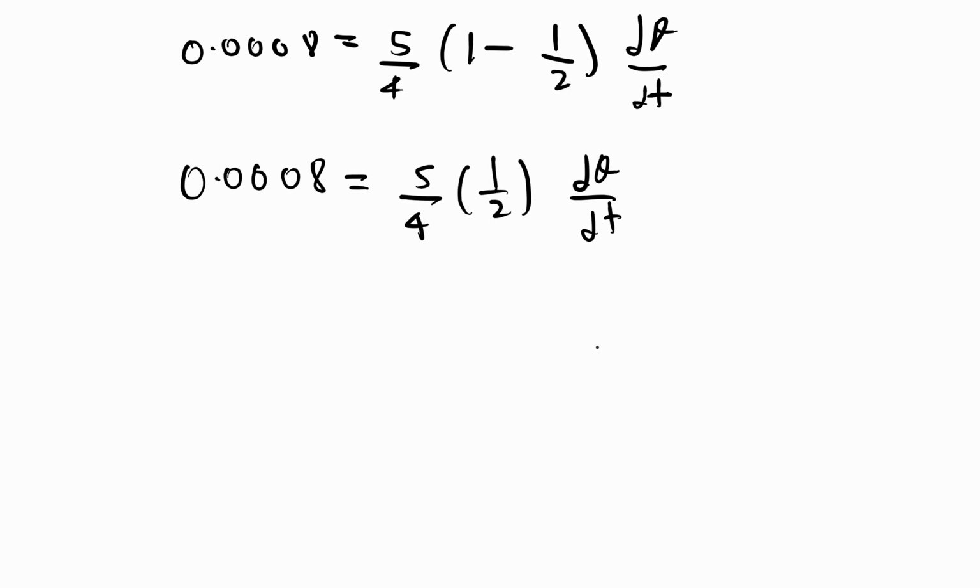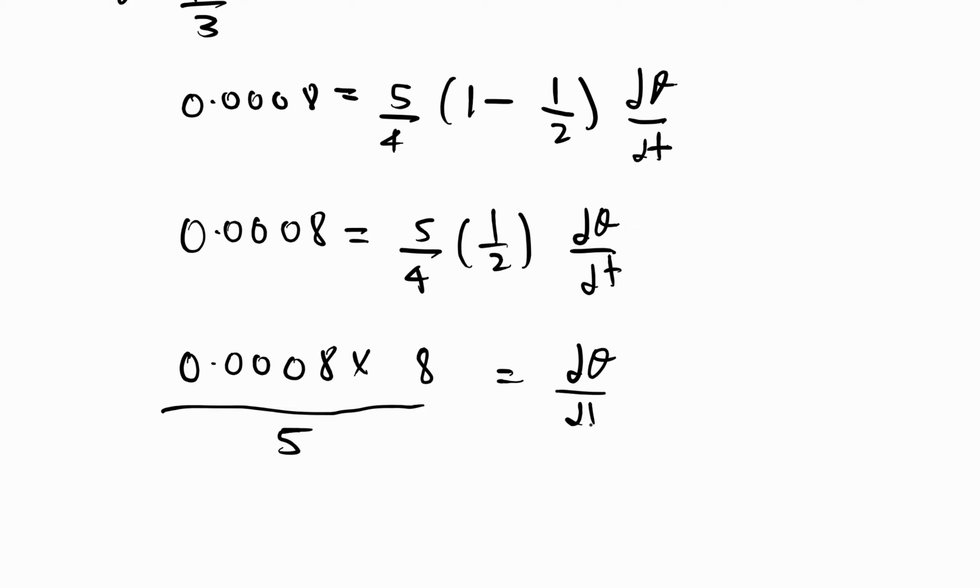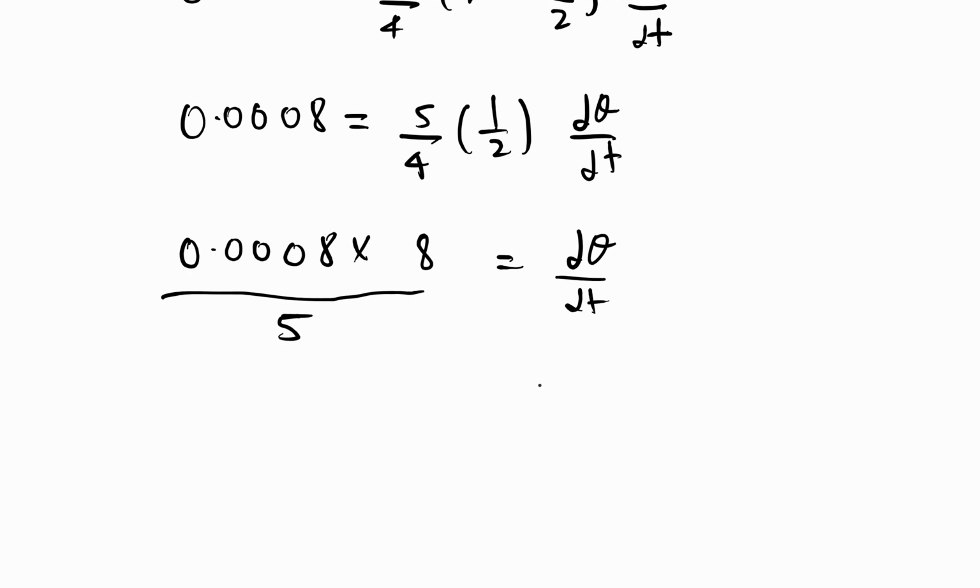Now it's just simple multiplication. So we get 0.0008 times 8 divided by 5. That's equal to d theta by dt. And if I put this into a calculator, I'll get the answer: d theta by dt is equal to 0.00128.